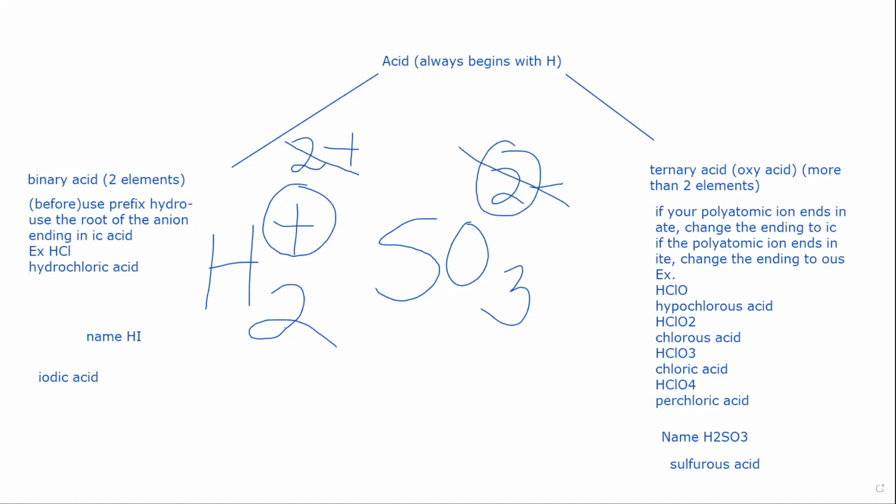Now, let's say we had this one. And notice I'm not doing anything yet. We have hydrogen, and PO4 is phosphate, right? And phosphate has a 3 negative charge. So in order for us to make this balance, what would we have to do?